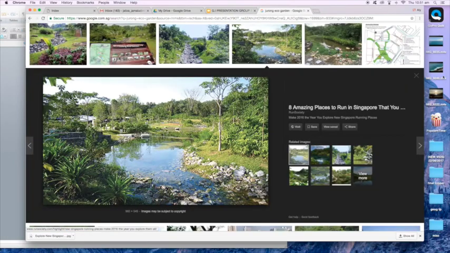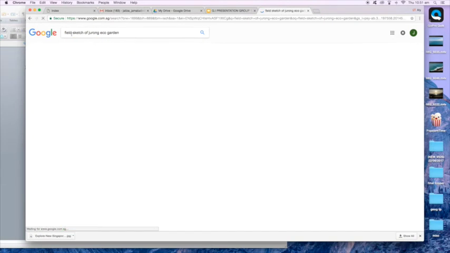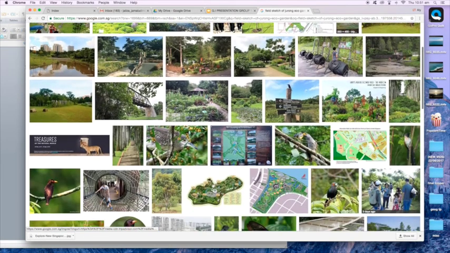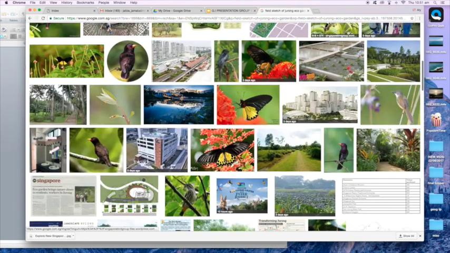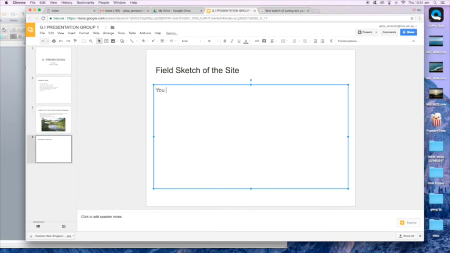Let me see what I can get for the sketch here. Never mind. You know what a field sketch is, I already did it, so I'm just going to put it here. So you can choose one field sketch to present.